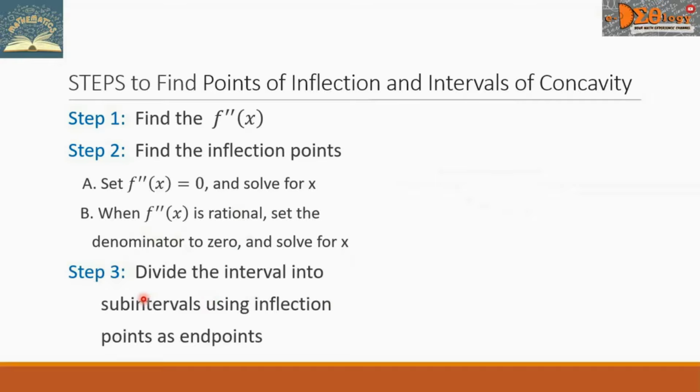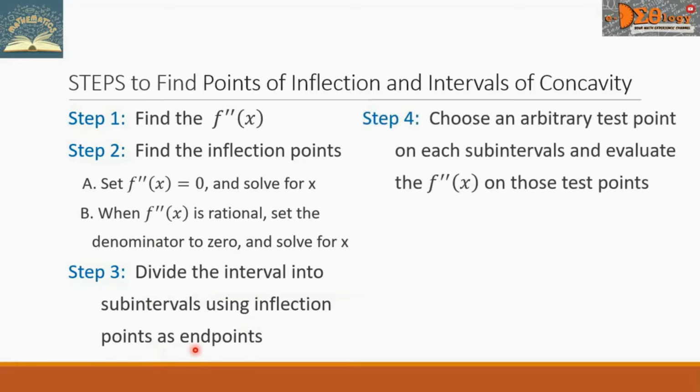Step 3. Divide the interval into sub-intervals using inflection points as endpoints. Step 4. Choose an arbitrary test point on each sub-interval and evaluate the second derivative of the function on those test points. Step 5. Test for concavity.